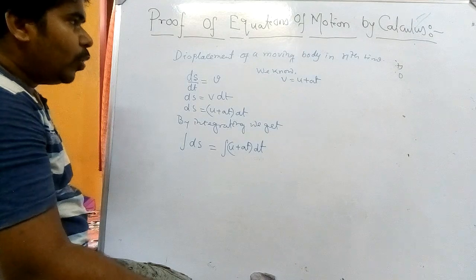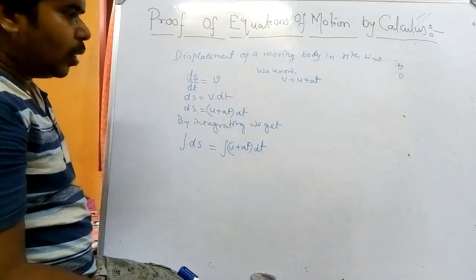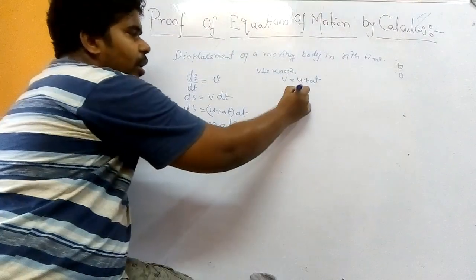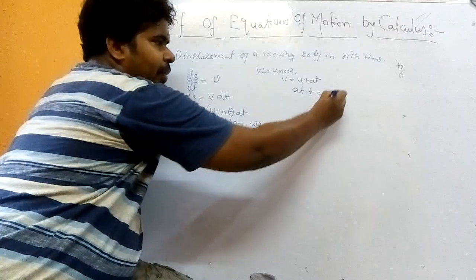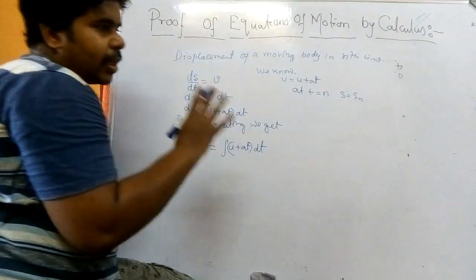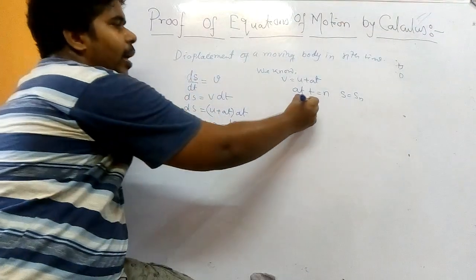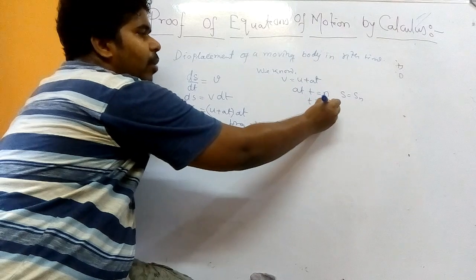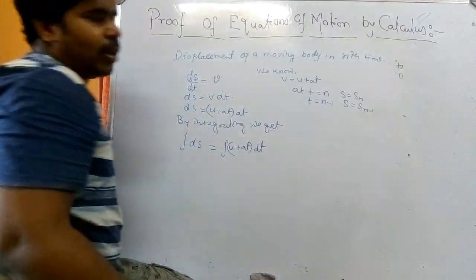But here, we want to find the displacement in nth time. So at t equals n, s equals sn. Means at time n, displacement should be sn. And at time n minus 1, displacement should be s of n minus 1.